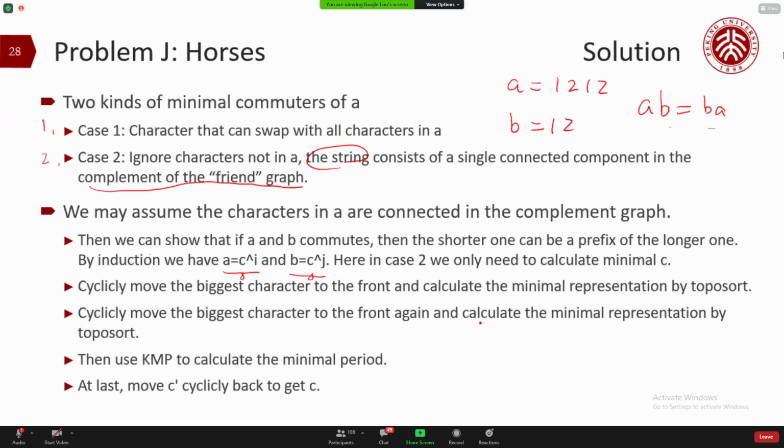Then we cyclically move the biggest character to the front again and calculate the minimum representation by topological sort, and then we use the KMP algorithm to calculate the minimum period. These are the string operations. At last, we move C prime cyclically back to get C. So here is case 2, and here is an example of case 2.